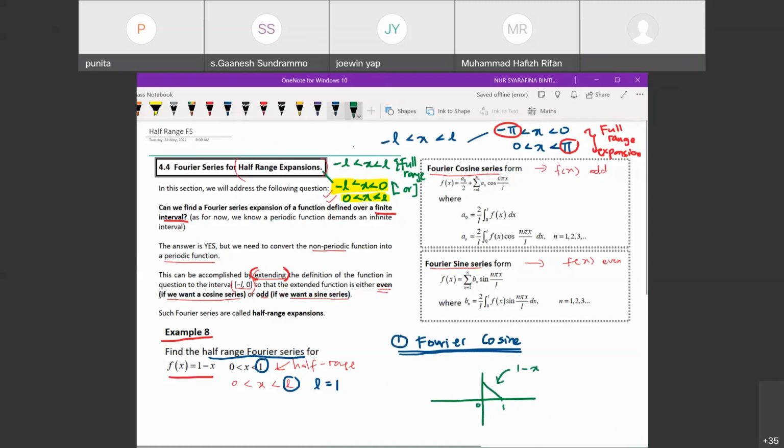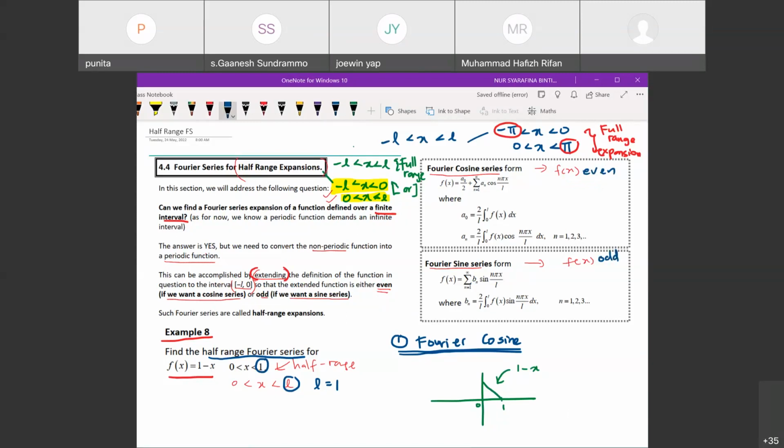Now in order to have a Fourier cosine, the function needs to be odd, right? Sorry, even function. Cosine is even, sorry, this one is even, this one is odd.